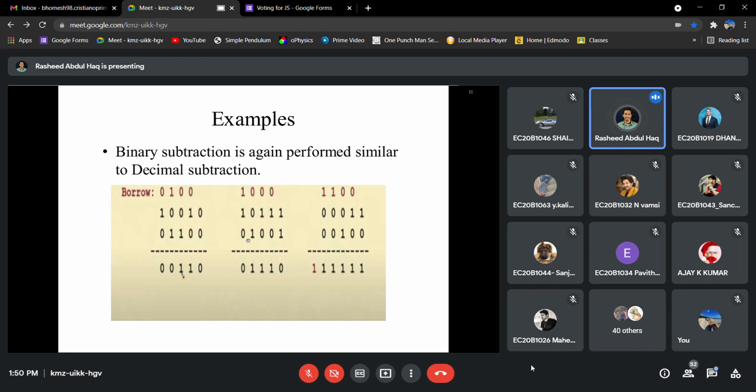Again the next one, 1 minus 0, we get 1. And in the next case, 0 minus 1, we get 1 but with a borrow of 1. That will be subtracted from the next one. Borrow means it is negative 1, just as in normal decimal, we are proceeding the same way. So 1 minus 1, we will get 0. Is it clear?